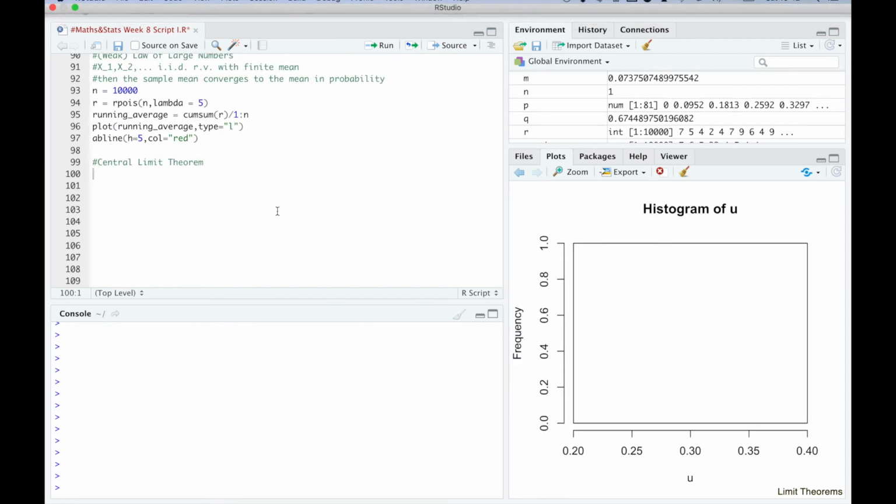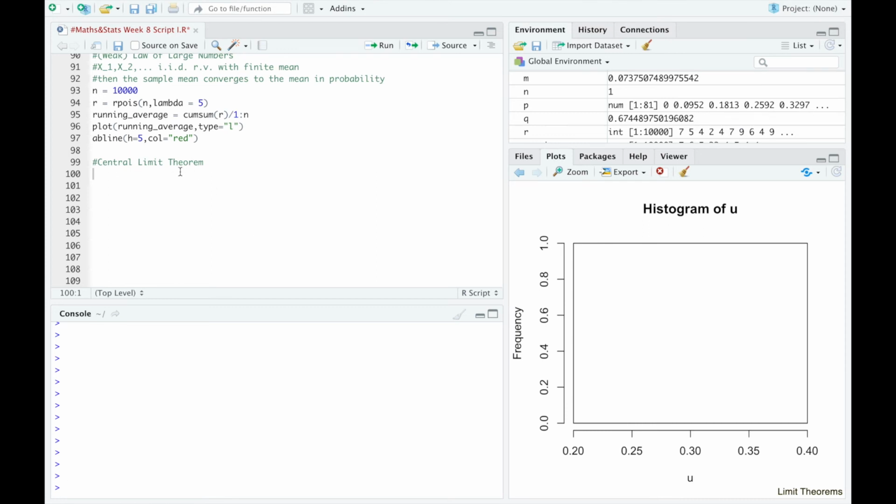Okay, so the last thing we look at today is the central limit theorem, or let's say a very simple demonstration of the central limit theorem. So recall that the hypothesis of the central limit theorem is that we have X1, X2, up to Xn random variables which are i.i.d., so independent and identically distributed.